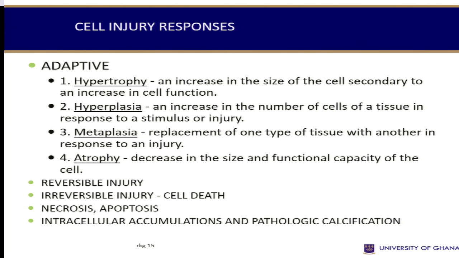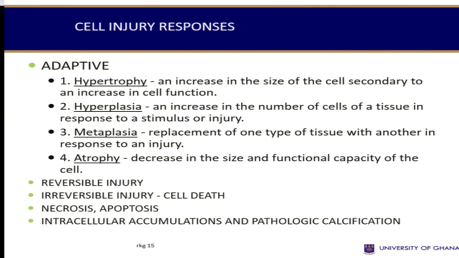Hyperplasia is when there is an increase in the number of the cells, and also due to a stimulus that may tend to injure the organ. Metaplasia is when there is replacement of one type of tissue with another in response to an injury. And then atrophy is when there is a decrease in size and function of the cell.